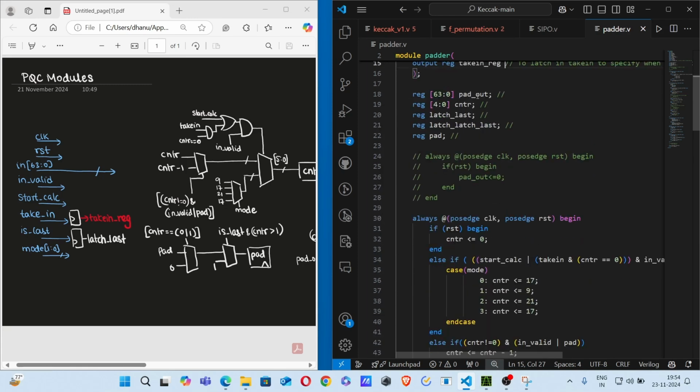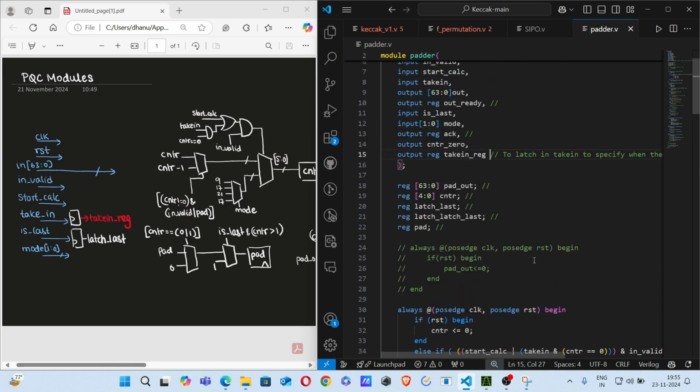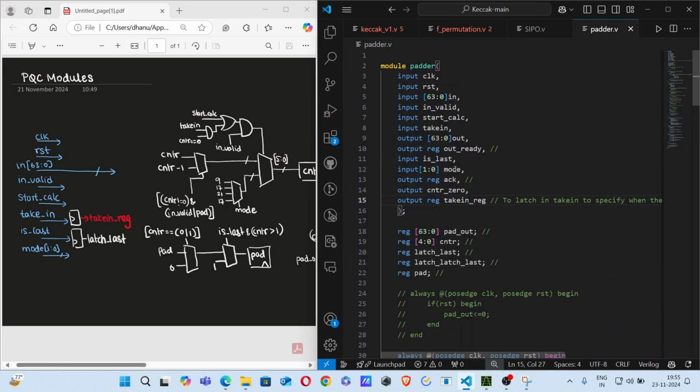Now there is this reg, which is essentially the output. This has been assigned to the output later. There is a counter, a 5-bit counter. This counter is required because all the 4 algorithms which this core is capable of implementing have variable input lengths. So this counter is loaded depending on which algorithm has to be implemented. That is specified by this input called mode.